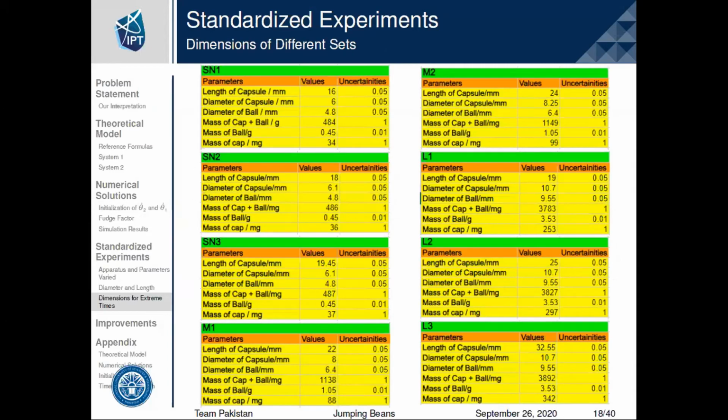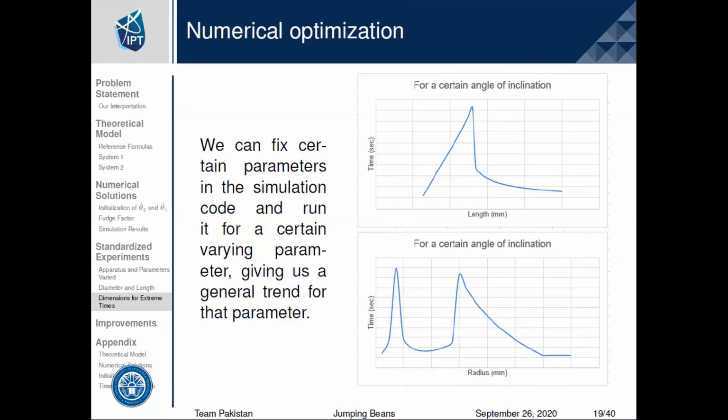So these were the different sets of experiments that we did with the different series that we mentioned previously. And now is the numerical optimization. One way to numerically optimize this problem is that, while borrowing the theoretical model, you can try to optimize each parameter separately while keeping the others constant.